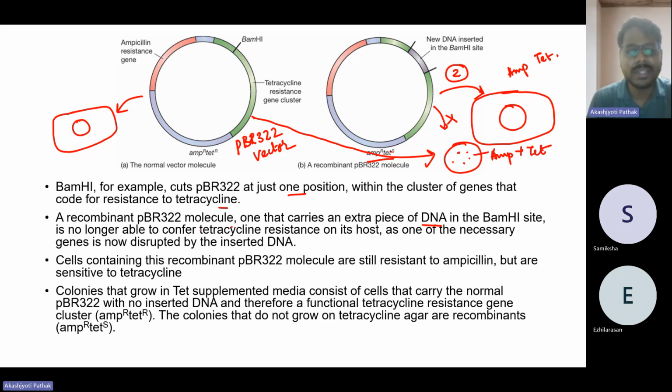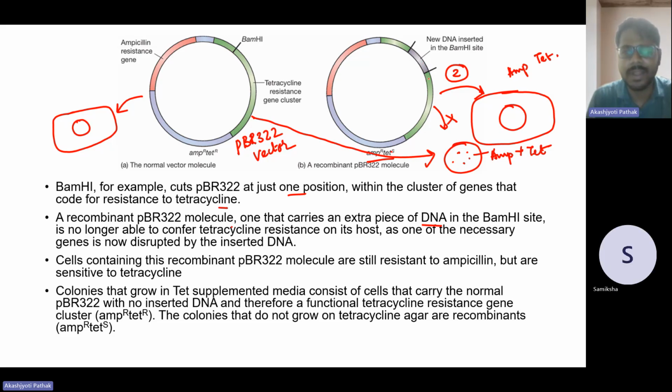Once you have cloned this gene of interest in this tetracycline resistant gene, then this bacteria is no longer able to confer tetracycline resistance on its host, as one of the necessary genes is now disrupted by the inserted DNA. So the cells containing this recombinant pBR322 are still resistant to ampicillin, but are sensitive to tetracycline.